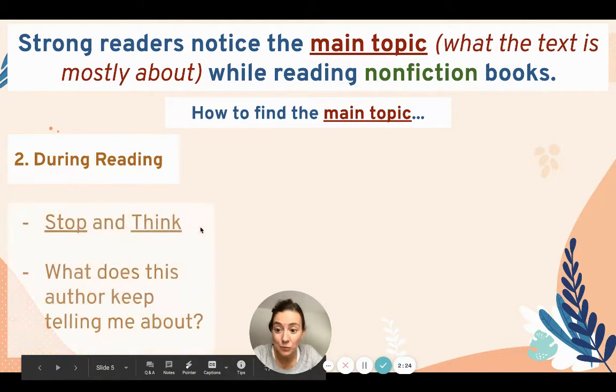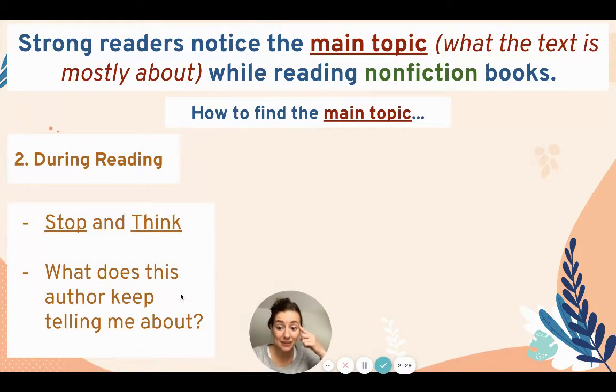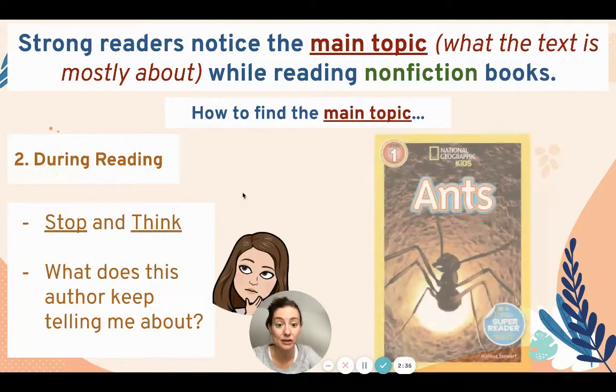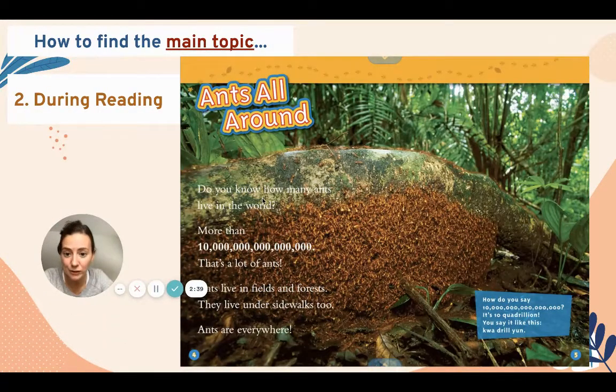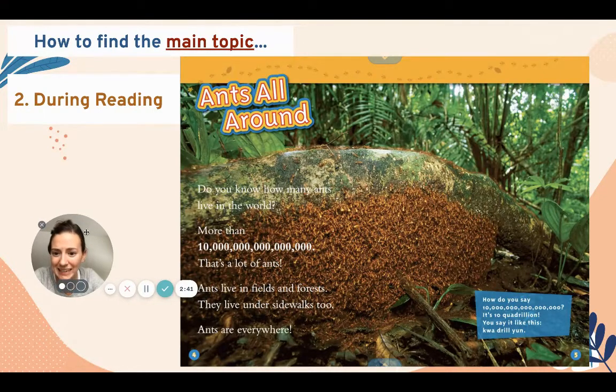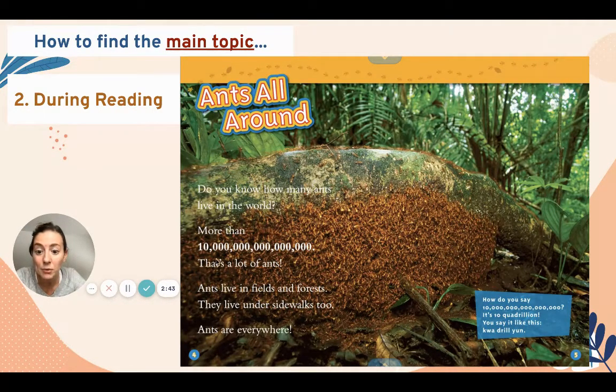During our reading, we need to remember to stop and think. We need to keep thinking, what does this author keep telling me about? Okay, let's do this together for our ants book. Ants all around. Do you know how many ants live in the world? More than 10 quadrillion. That's a lot of ants.